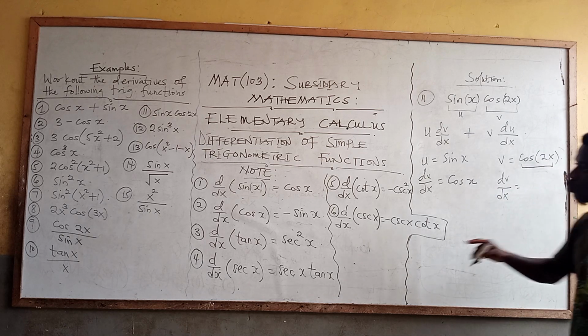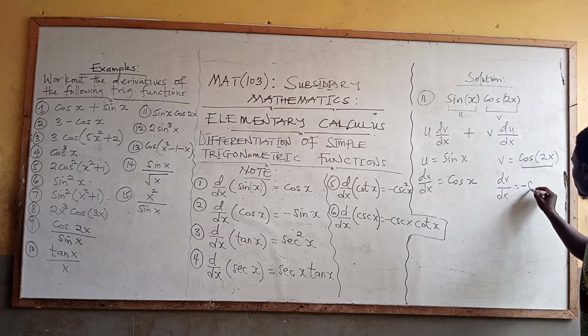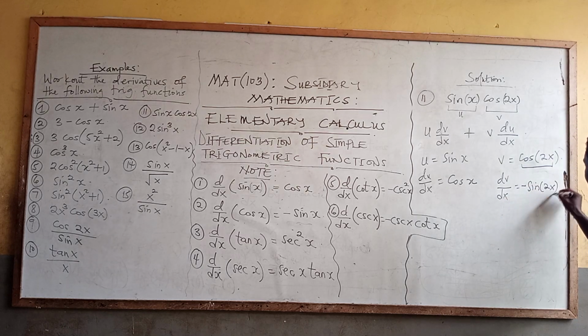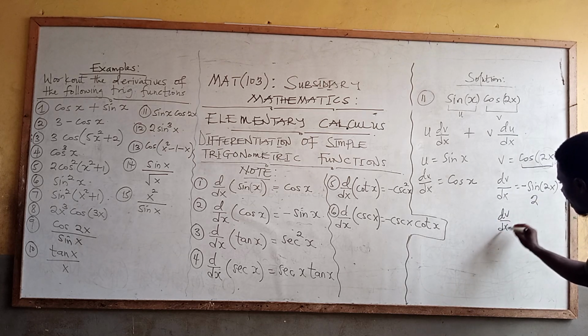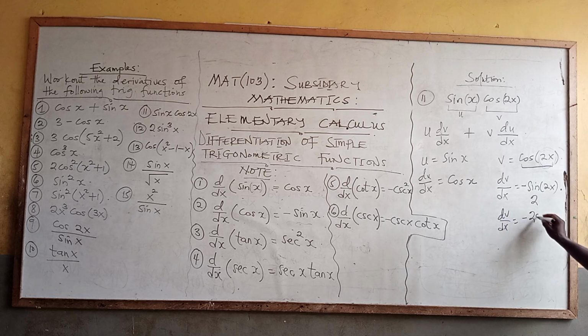You get negative sine 2x, times the derivative of the expression inside the bracket. When you differentiate 2x, you get positive 2. So my dv over dx equals negative 2 sine 2x.